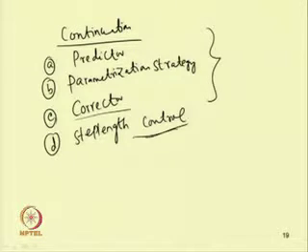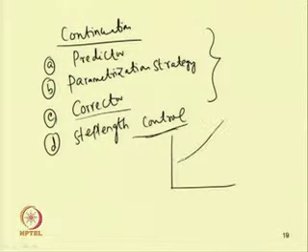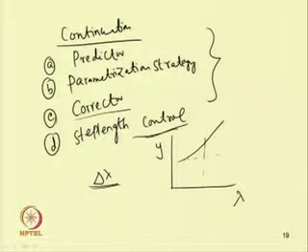In case of the corrector, we have three different ways to correct. So this is y versus lambda. Correction can be done in three ways. Either we can change the parameter lambda, that is, we can change the step length delta lambda. So this corrector we can take as delta lambda.